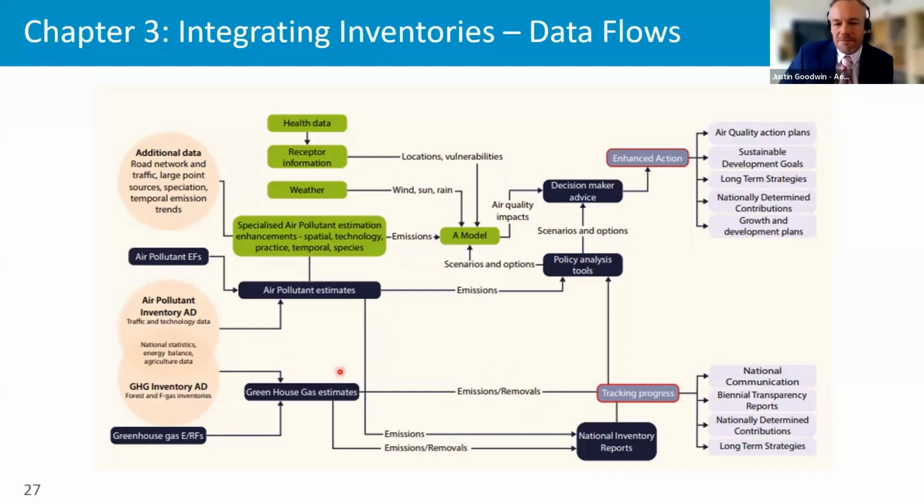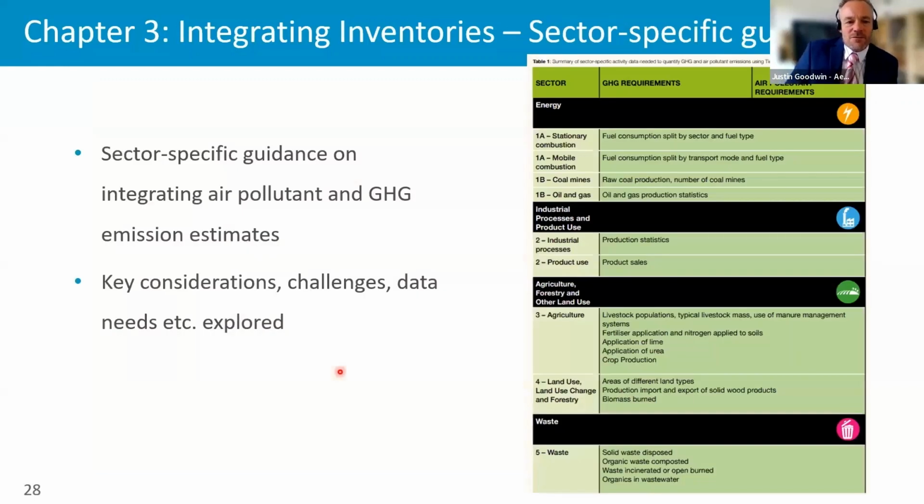Next slide, please. In terms of the focus for the guide, the main point is understanding what extra is needed to add on to a greenhouse gas inventory to help to start providing useful information around air pollutants.